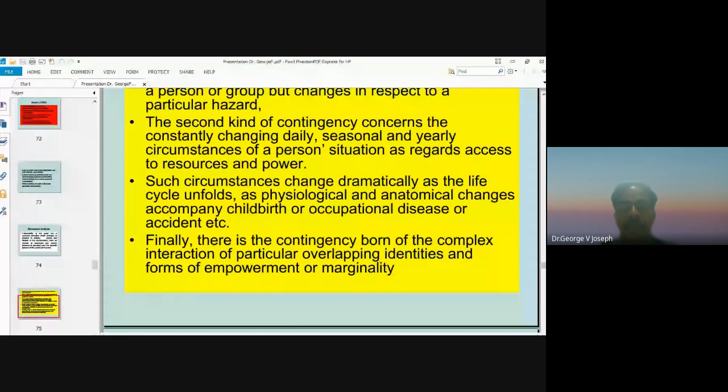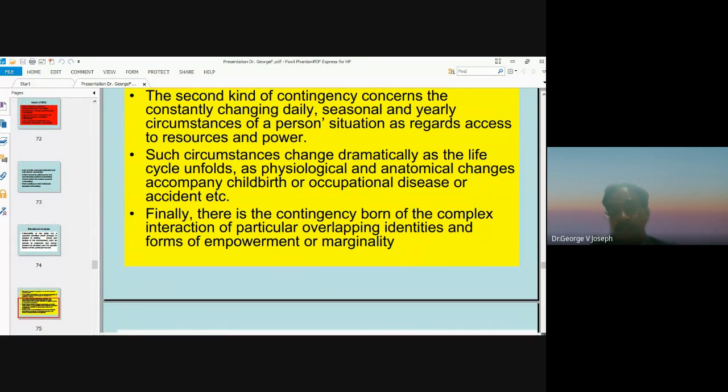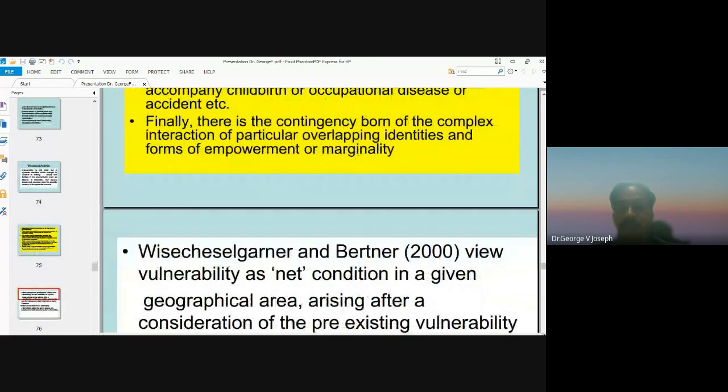In those cases, empowerment may take place, or marginalization may take place. So again, this increases or decreases depending on the situation. This needs to be kept in mind.